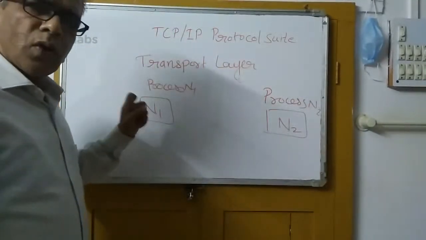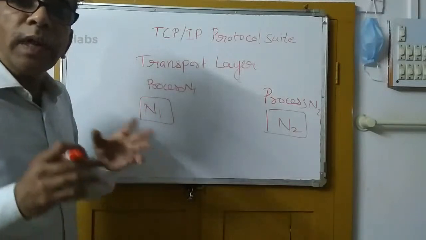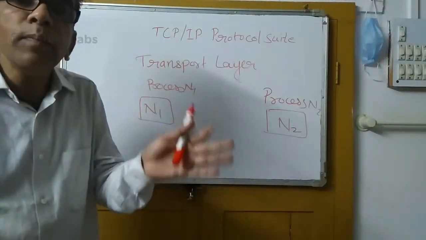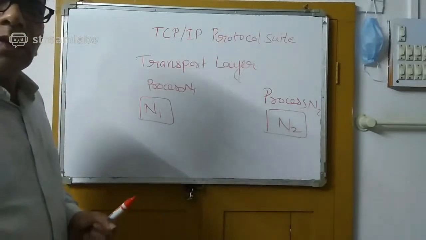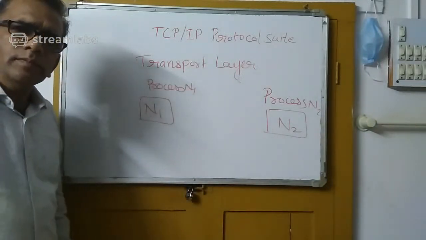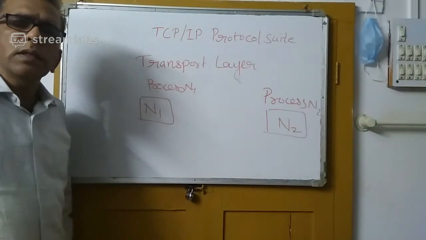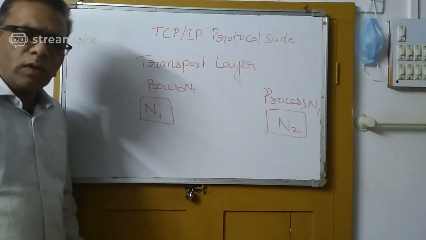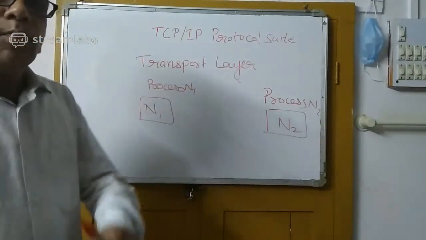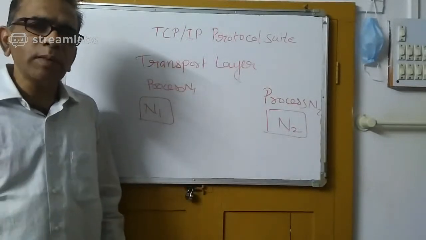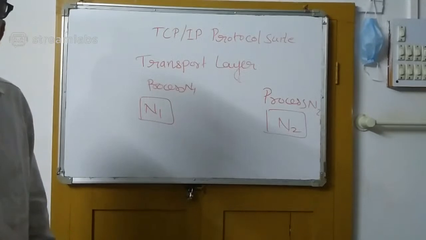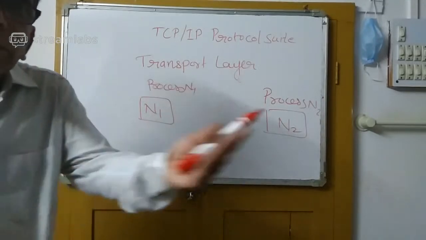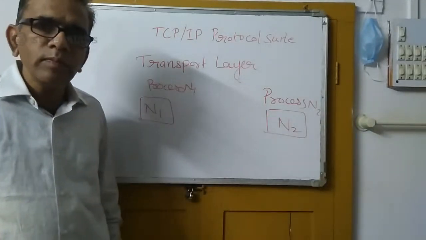That means we are talking of N1 having the capability to communicate with multiple processes simultaneously. This is what normally happens when you sit for surfing. Whenever you click on a browser, you have an option of opening multiple browsers at the same time. You are typing different URLs in the browsers. You are trying to reach different sites simultaneously.